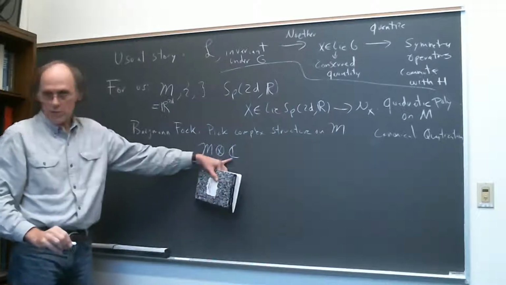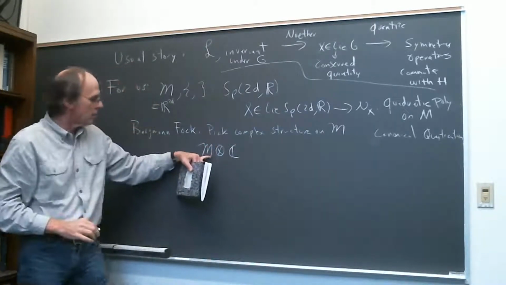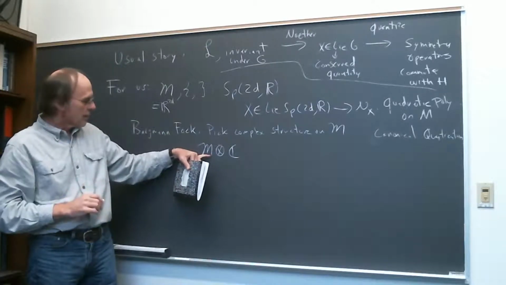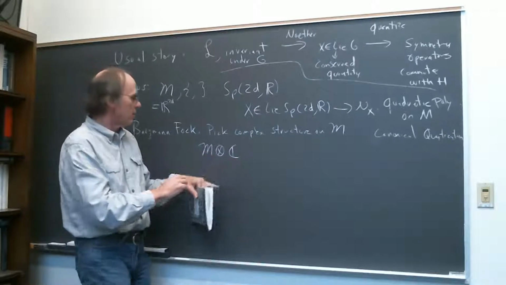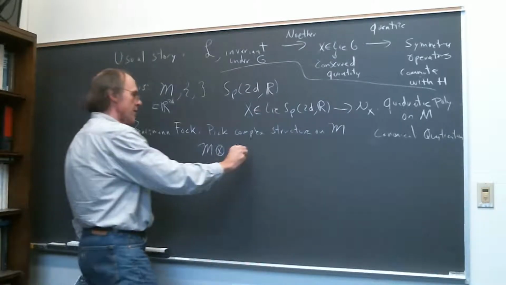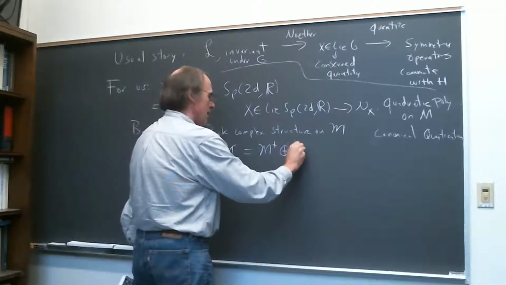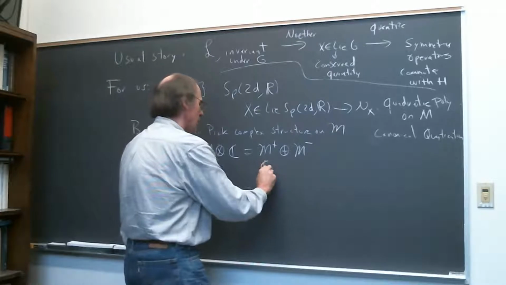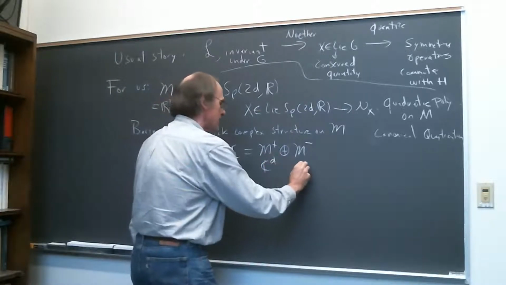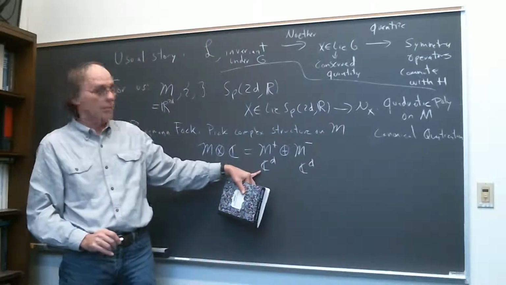So when you complexify, if you take things in M and throw in complex linear combinations of them, you're going to get M plus. This looks like a d-dimensional copy of the complex numbers.